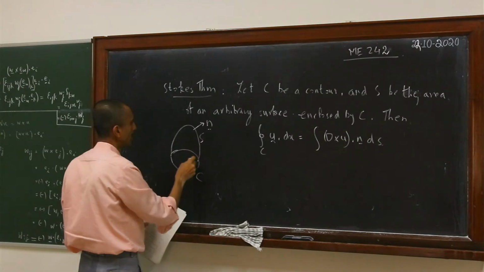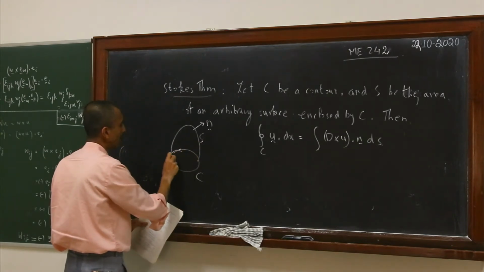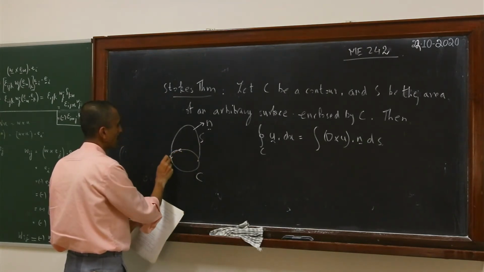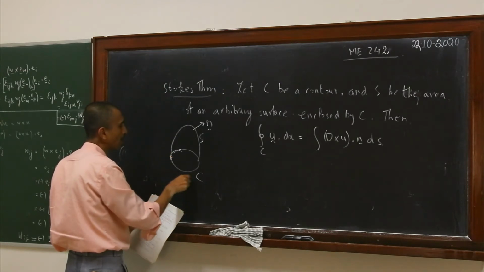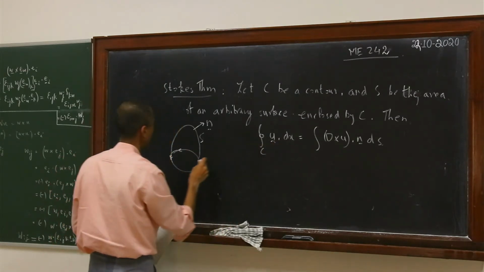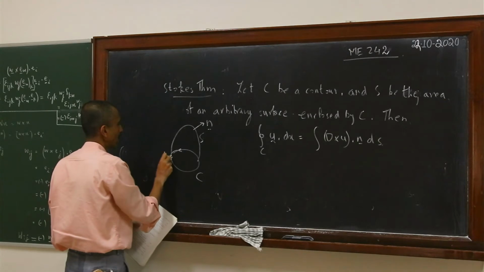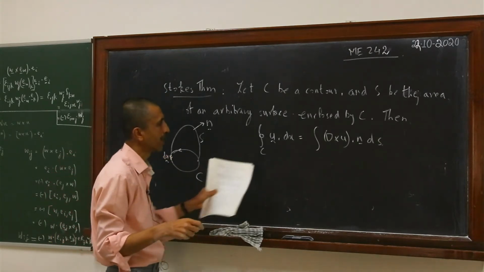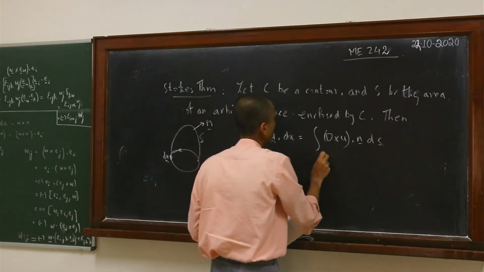So u dot dx, now this dx is an element of length along the contour. So this u dot dx is along this dx, and that is equal to del cross u dot n ds over S.